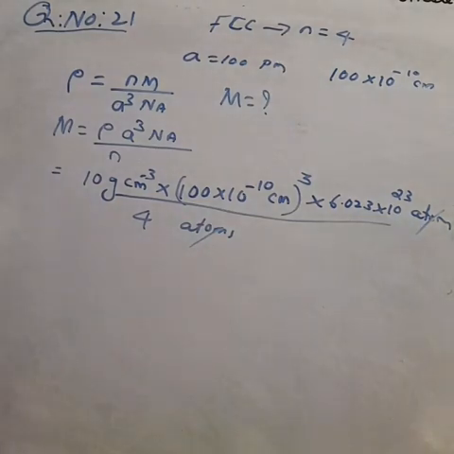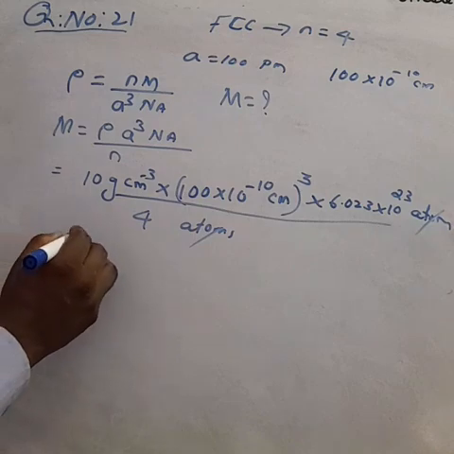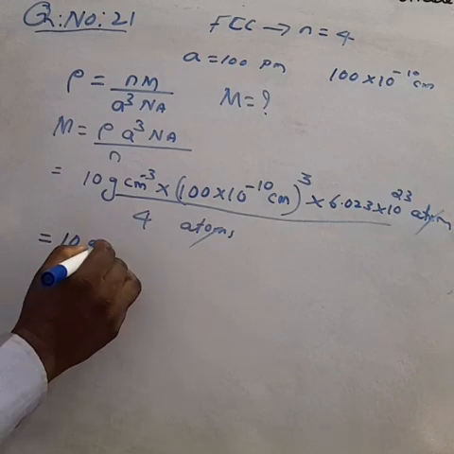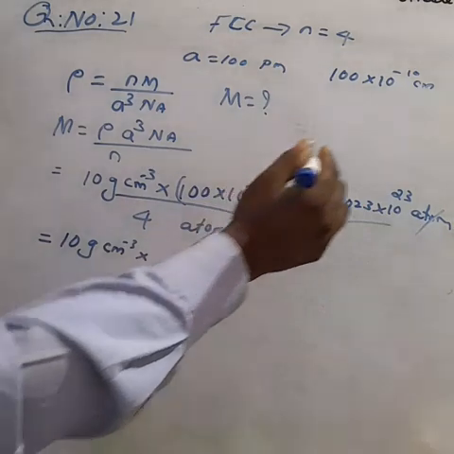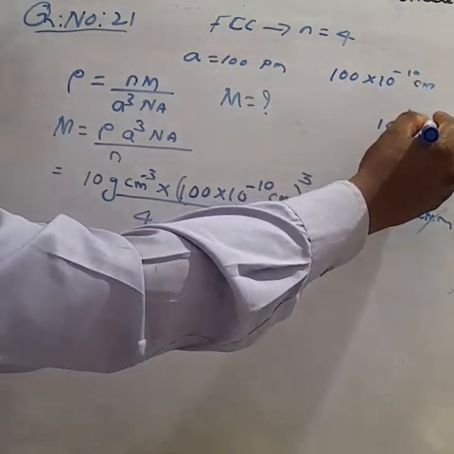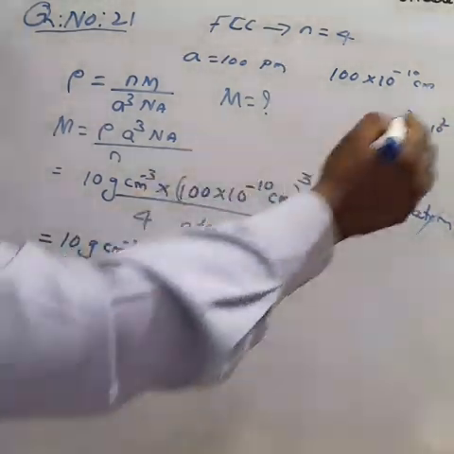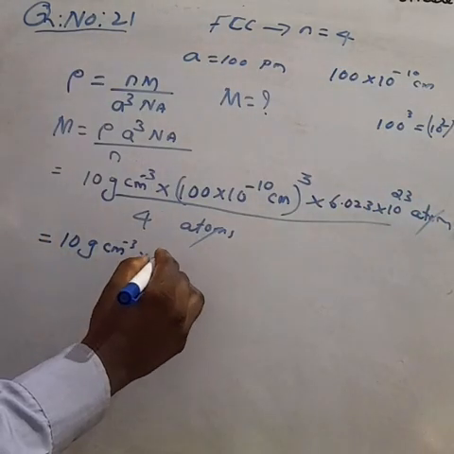Then one more important point, one more step I am going to write. 10 gram centimeter raised to minus 3 into 100 cubed. 100 is 10 squared, and with cube, the whole power cubed, we can write as 10 raised to 6.